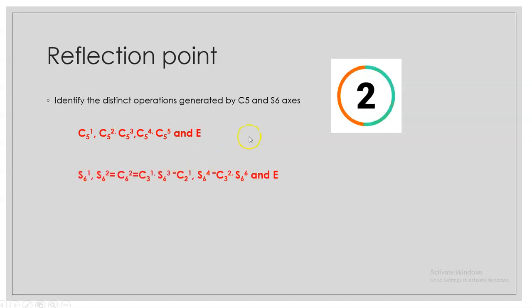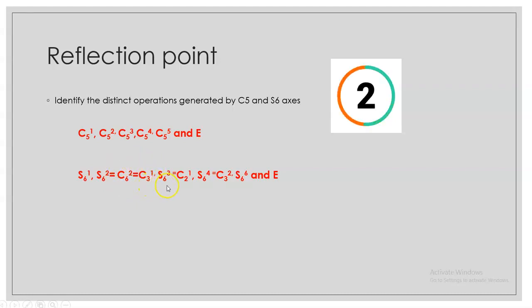Similarly, the S6 axis is able to generate S61, S62. S62 can be written as C62 into sigma squared. Sigma performed even times is E. So E into C62 is C62 again, and this can be simplified as C31.